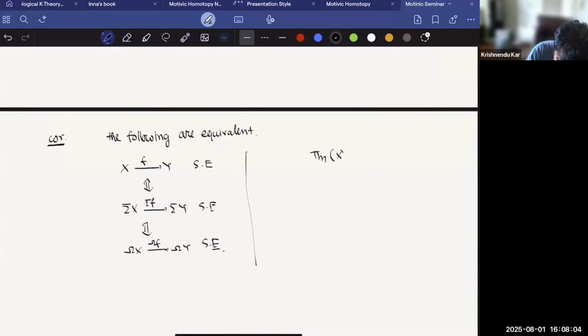So pi_n of x is isomorphic to pi_{n-1} of the loop space of x. This is isomorphic to pi_{n+1} of suspension x. This is pi_{n+1} of suspension y, pi_n of y, the induced map from f.